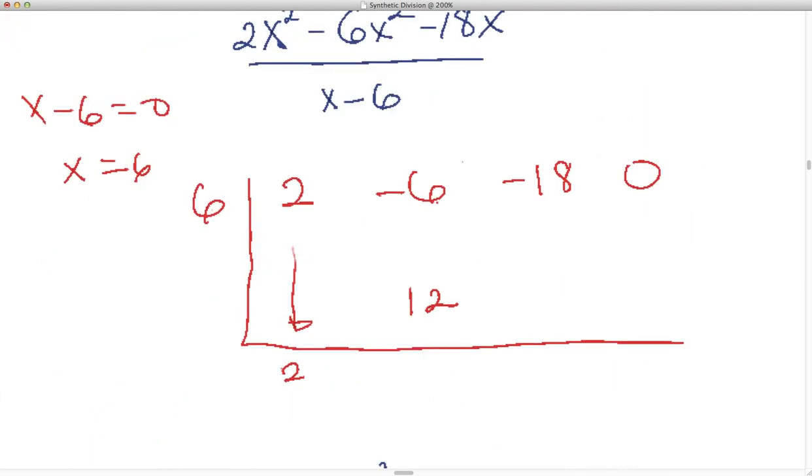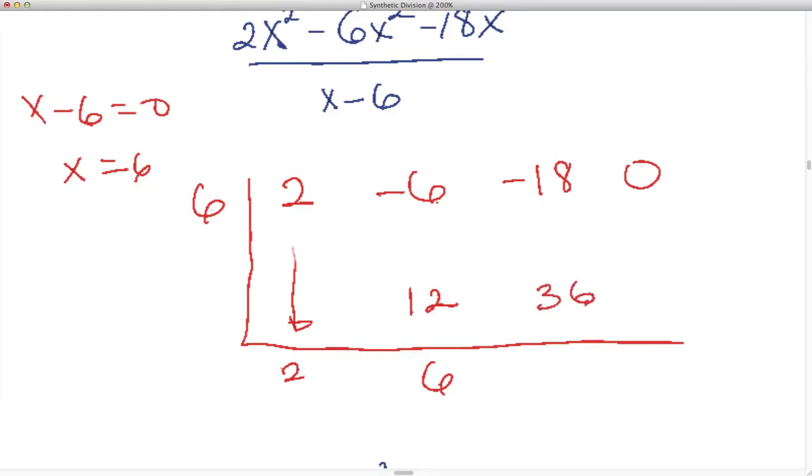Alright, so take 2. If I bring down this 2, multiply, I get 12. When I add here, I get a positive 6. Then 6 times 6 is 36.